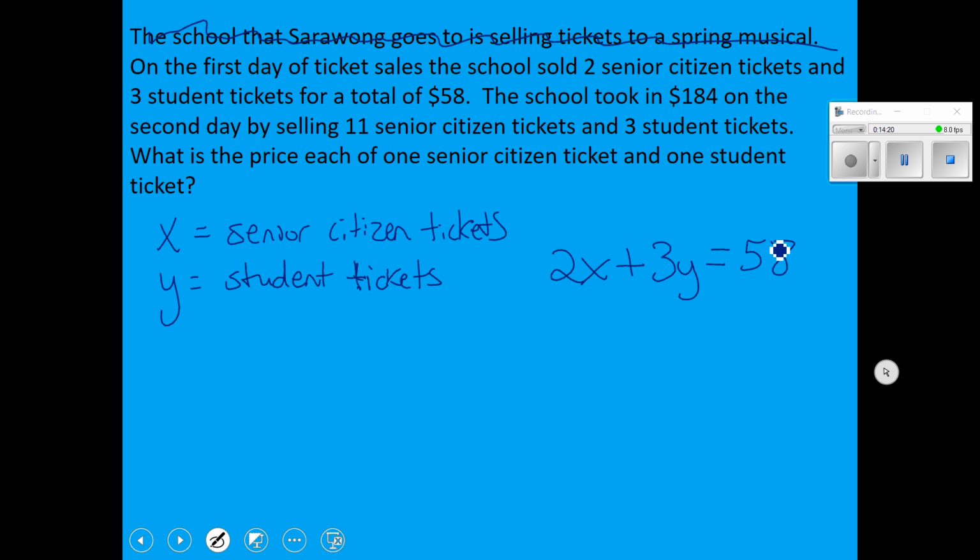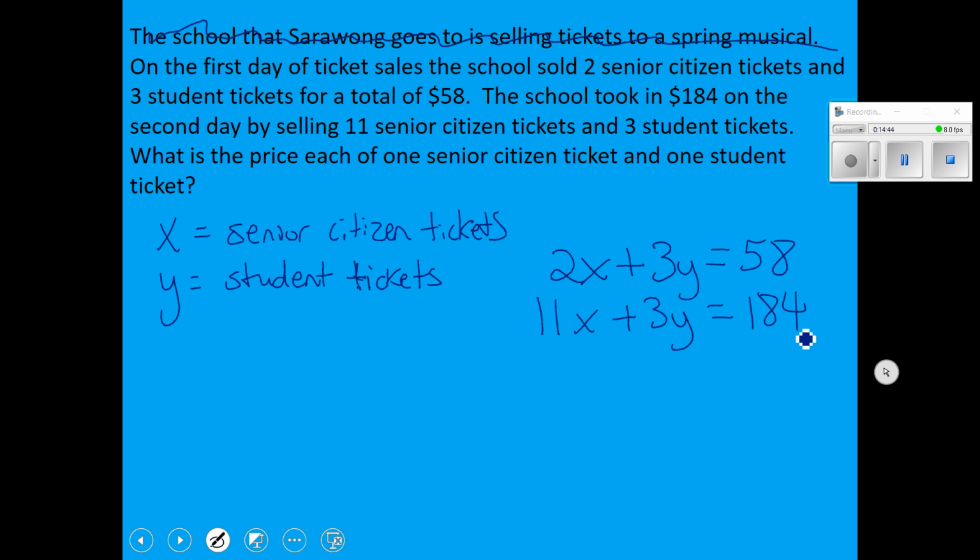If the next sentence said they took in $184 by selling 11 senior citizen tickets and 3 student tickets, how would we set that up? 11x plus 3y is equal to 184.